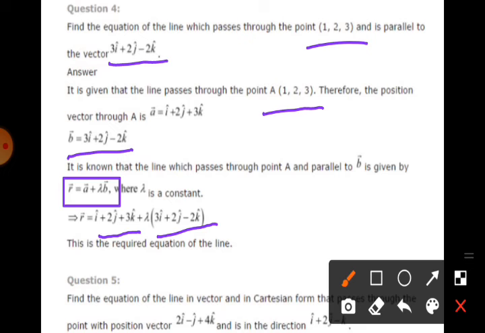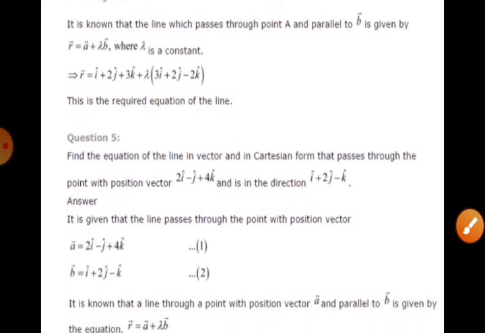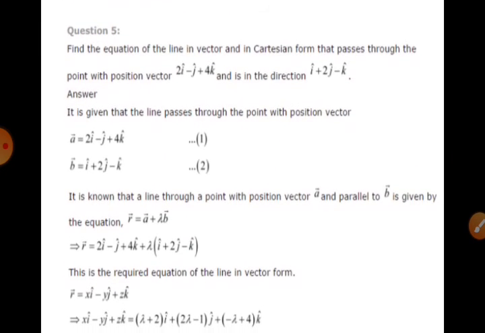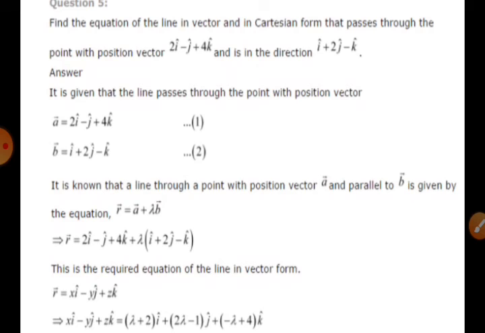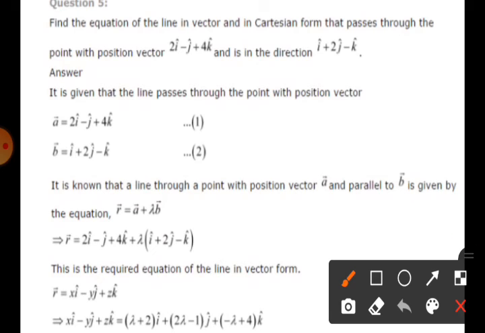Next, question number 5. Find the equation of the line in vector and Cartesian form that passes through the point with position vector 2i cap minus j cap plus 4k cap and is in the direction i cap plus 2j cap minus k cap.